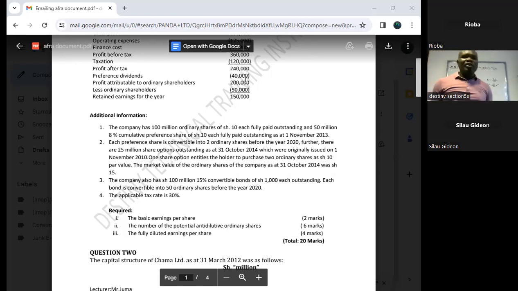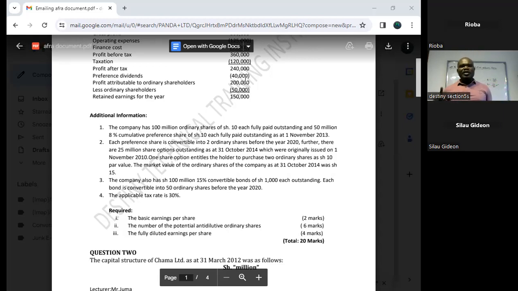So let's go to note 1. The company has 100 million ordinary shares of shillings 10 each, fully paid, outstanding, and 50 million 8% cumulative preference shares of shillings 10 each, fully paid and outstanding as at 1st November 2013.